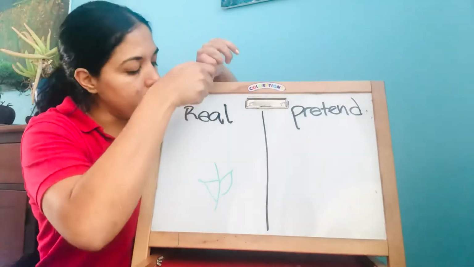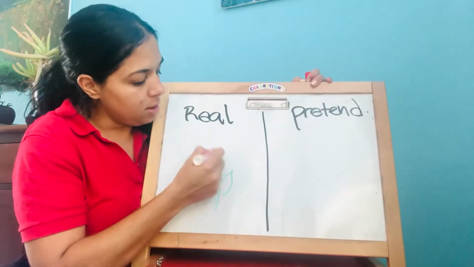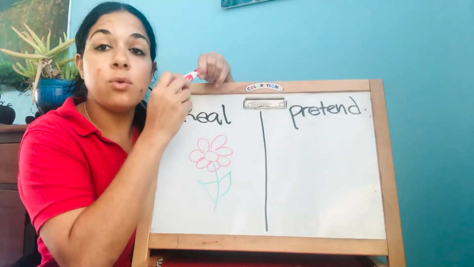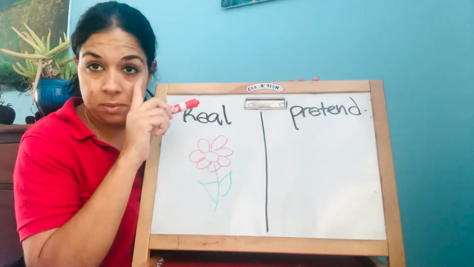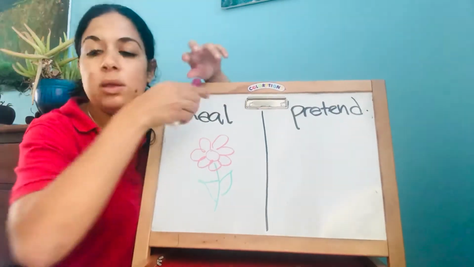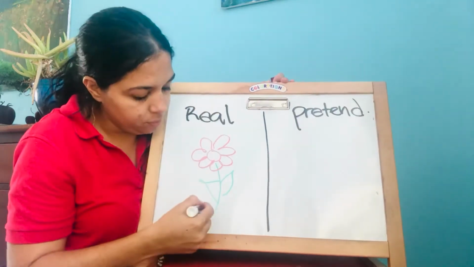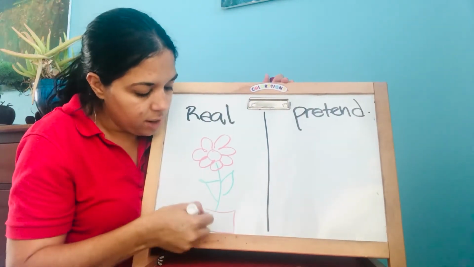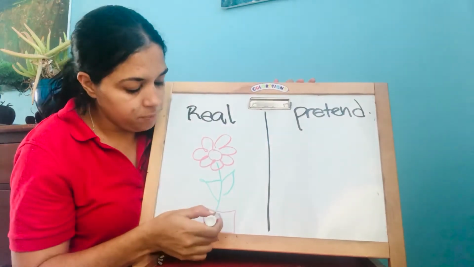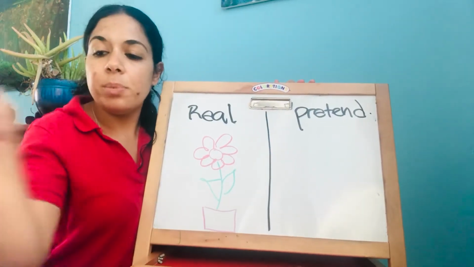Flowers have a stem, and flowers, real flowers, look somewhat like this. That's my real flower. My real flower needs soil, so I'm not going to have a floating real flower. I should put it inside a planter.